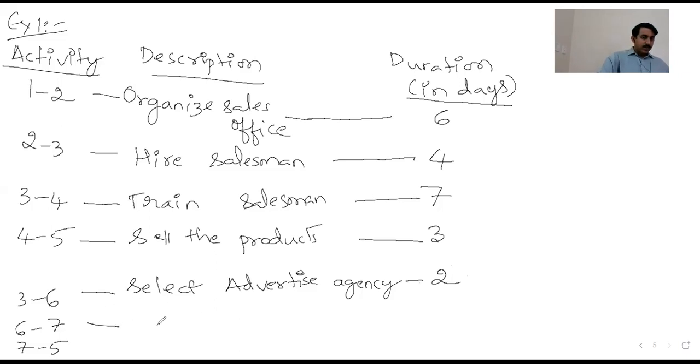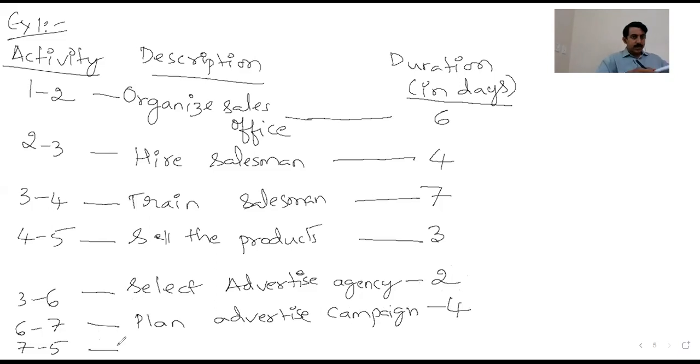Next, 6-7. Plan advertising campaign. For this, how many days are being considered? Okay. Next, that is the last activity.